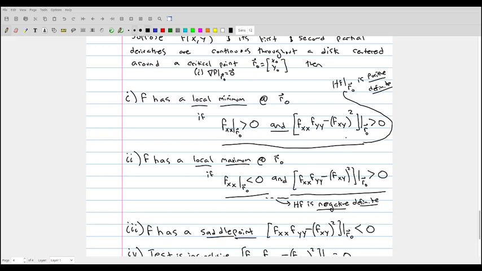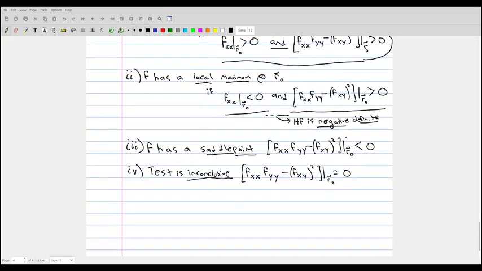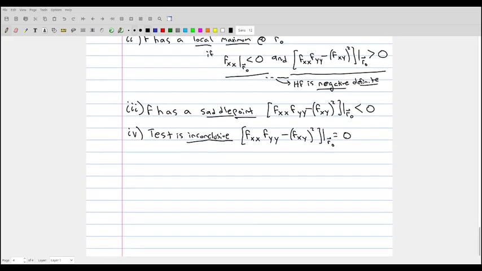Another thing to emphasize is that when you're using this second derivative test for a given function, very often you call this expression the discriminant, and the reason why is that it's related to the determinant of the Hessian matrix.